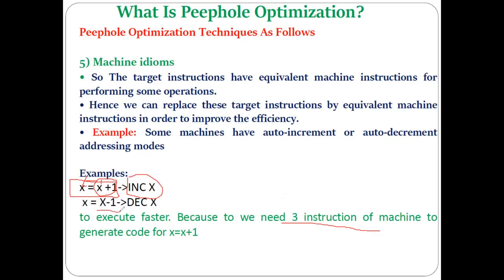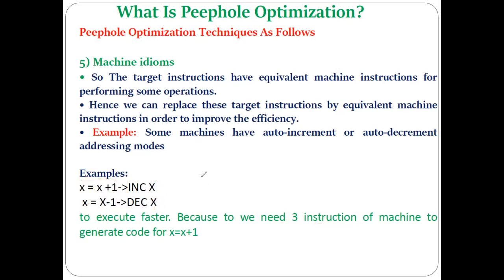Same for this one also. For this also we are going to require three instructions: one to move x into the register, then subtraction of the content of the register and this minus one, and the third instruction to move this result into x again. Understood? So instead of these three instructions, we can write only one simple instruction, decrement X. That is nothing but the machine idiom technique of peephole optimization.